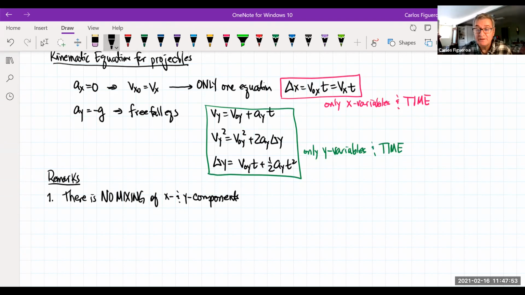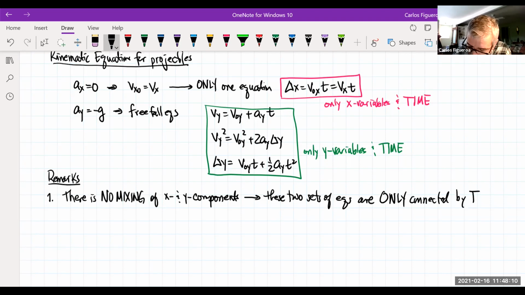So what you're seeing here is that these two sets of equations are only connected by time.